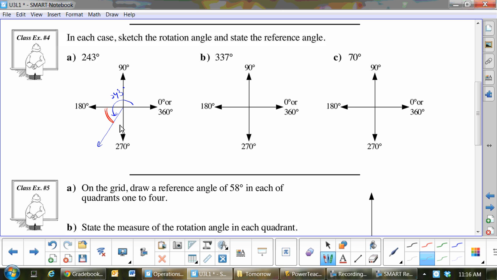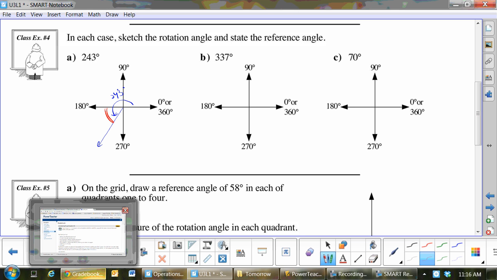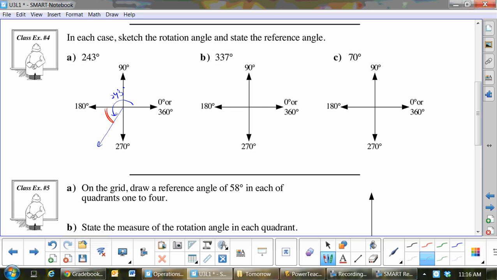Yeah, but you don't want this. So it's 243 minus 180, right? 243 degrees minus 180, so the reference is 63 degrees. This is 63 degrees. That is the reference angle. Is it acute? Is it the angle formed between the terminal arm and the x-axis? That's 63 degrees.